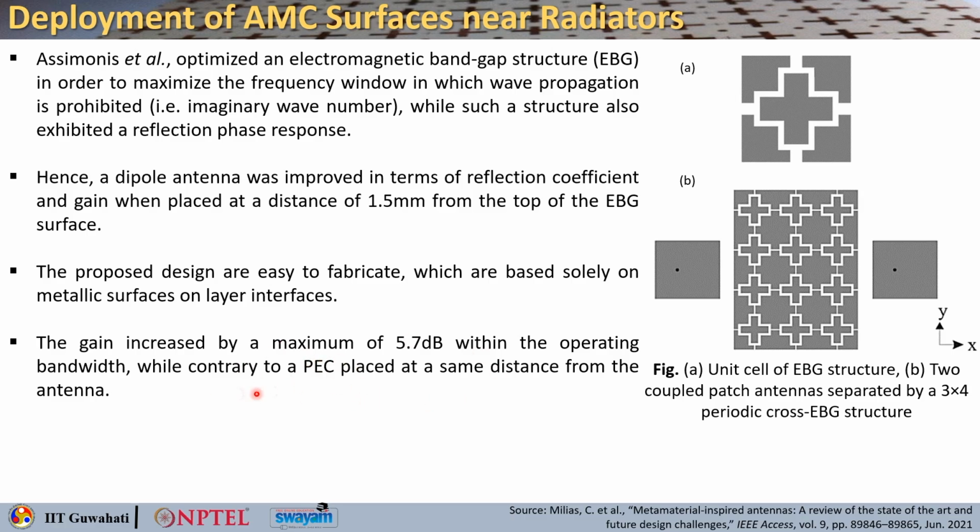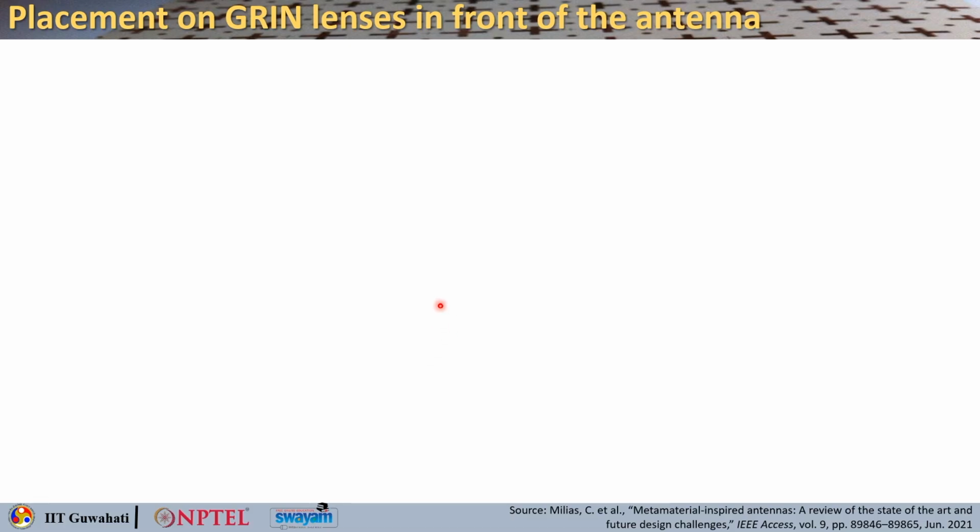So, when you compare a PEC placed on the antenna and then this electromagnetic band gap structure placed at the same height from the antenna, you see a 5.7 dB gain enhancement in the latter case.